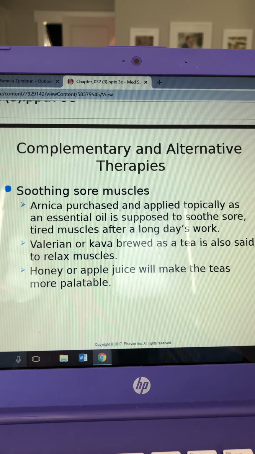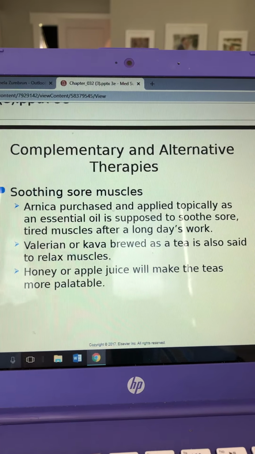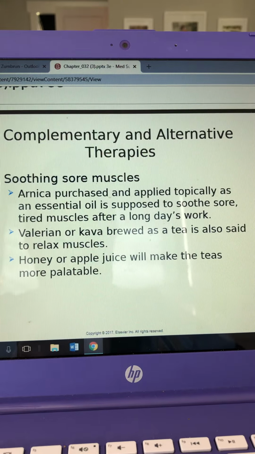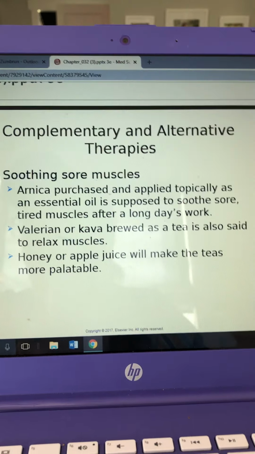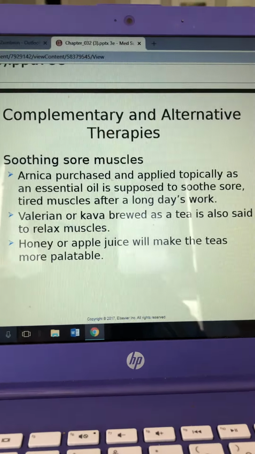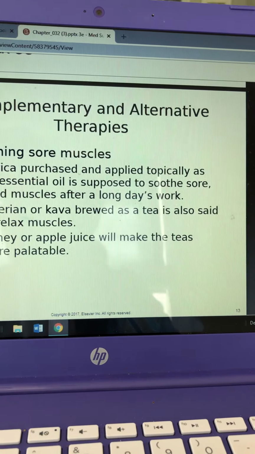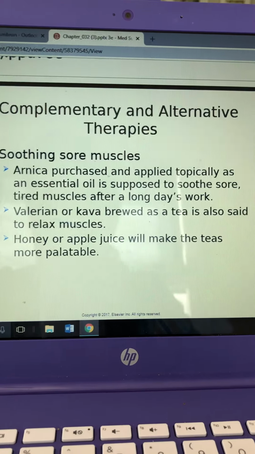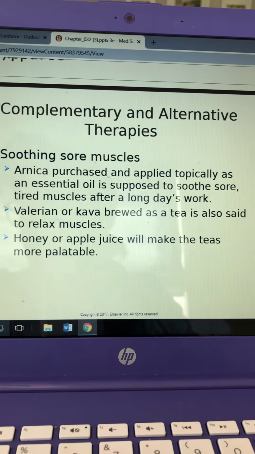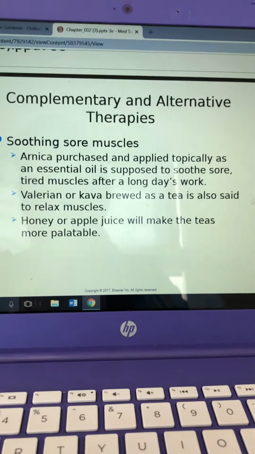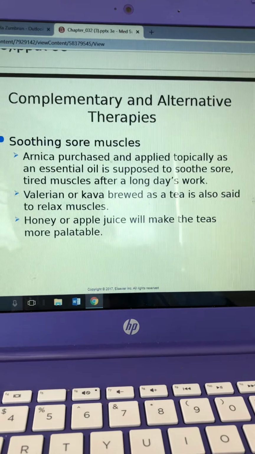Okay, soothing sore muscles. We've got some different essential oils listed here. Valerian or kava tea, honey or apple juice can be added to make it more palatable. And also, I don't think it's in your chapter, but CBD oil is becoming a new therapy for helping with joint injuries.